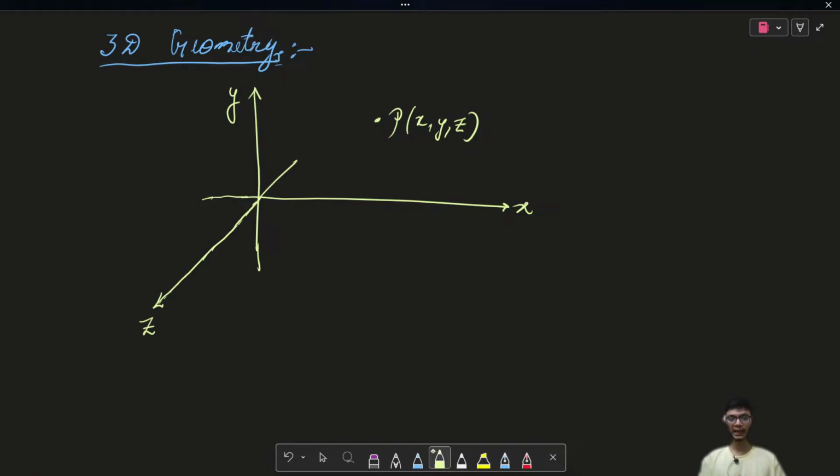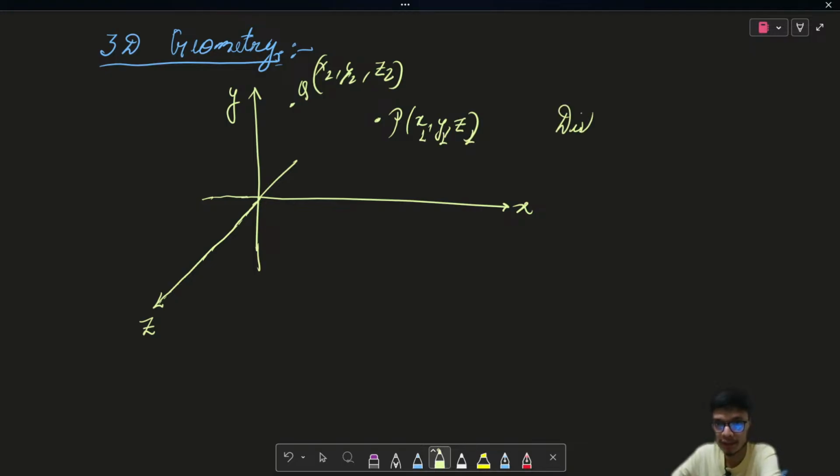Now let's start with the very basic things, that is, starting with the distance formula, right? Now it is obviously very simple, and as you have already seen in coordinate geometry, if I give you two points, let us say the two points are P and Q, and the corresponding coordinates are given as follows. Let me write the coordinates of P as x1, y1 and z1.